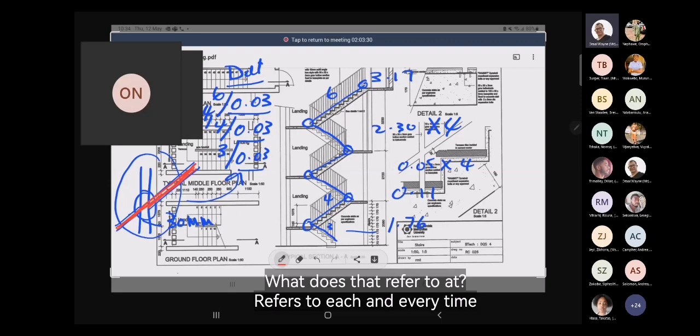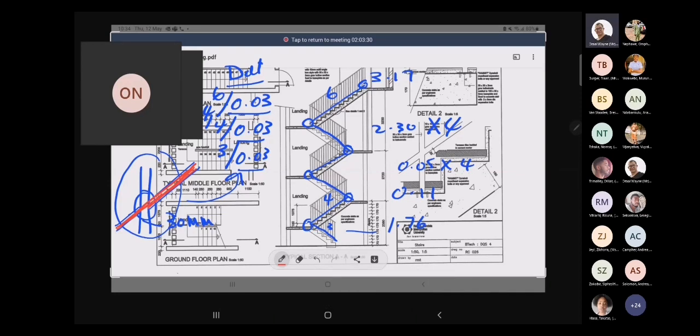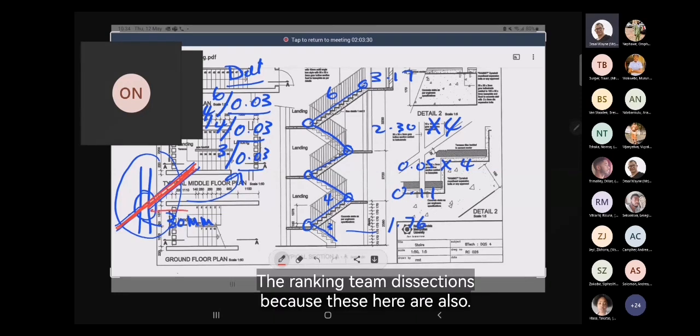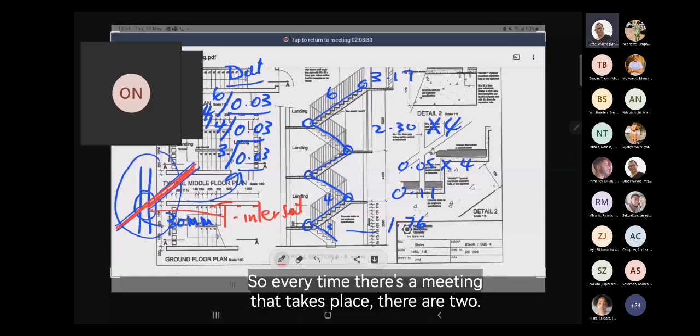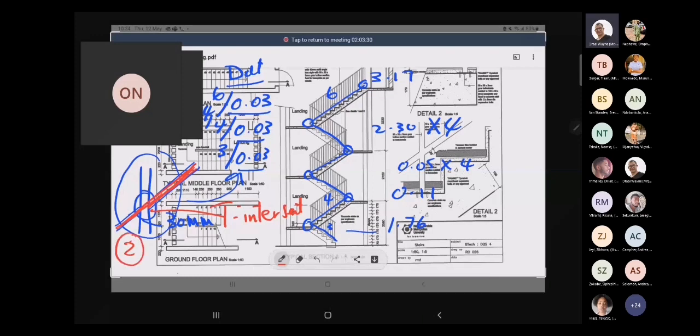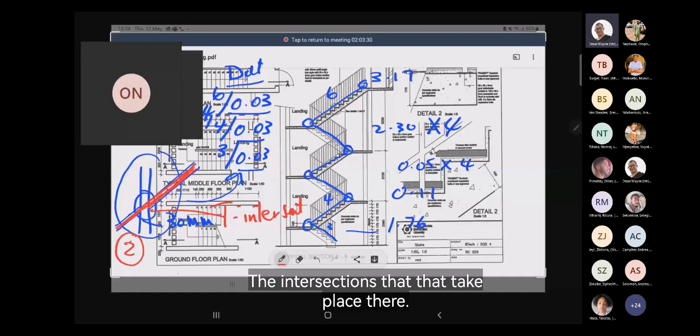It refers to each and every time that we get the raking T intersections, because these here are also T intersections. So every time there's a meeting that takes place, there are 2 T intersections that take place there.